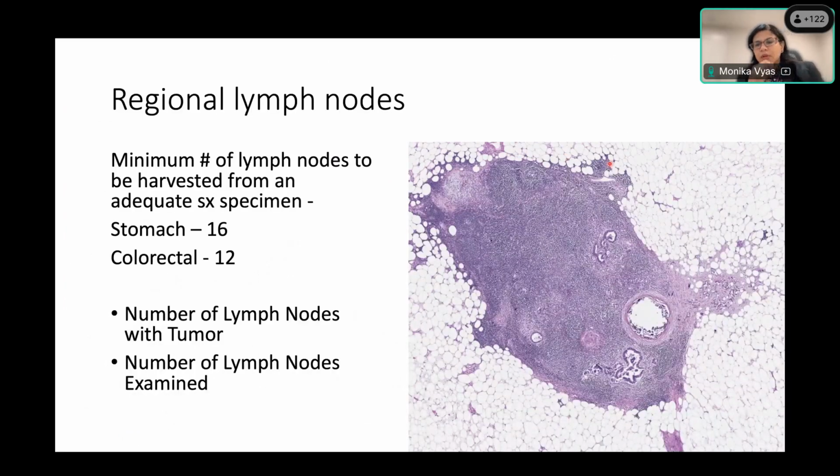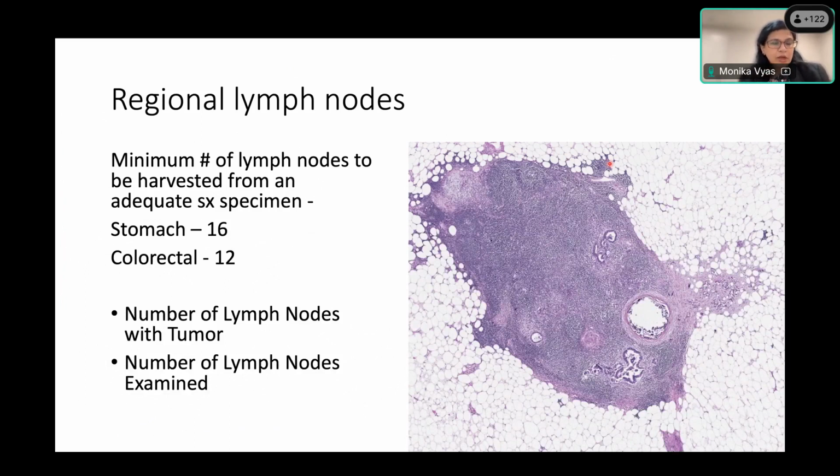So again, depending on the part of the GI tract, we have a minimum lymph node requirement for adequate evaluation of a surgical specimen. So presence of X number of lymph nodes not only is important from staging perspective.